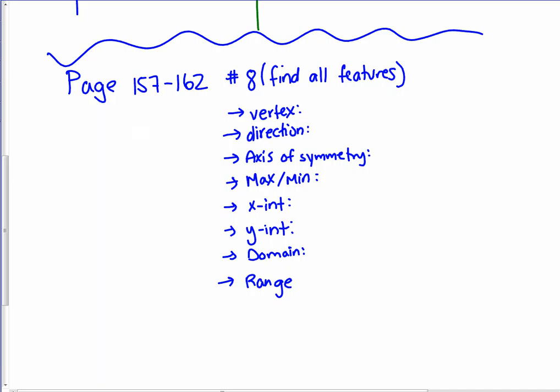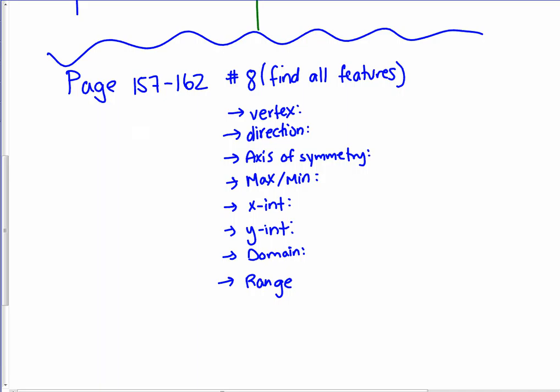So x was what? Negative 1. Axis of symmetry: this vertical line that goes through the vertex, what number does it go through? Negative 3. We make a vertical line equation, x equals negative 3.